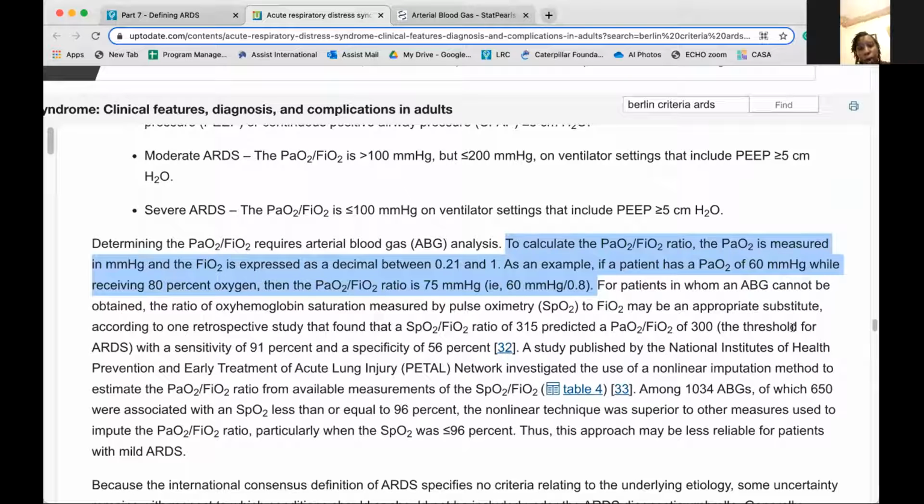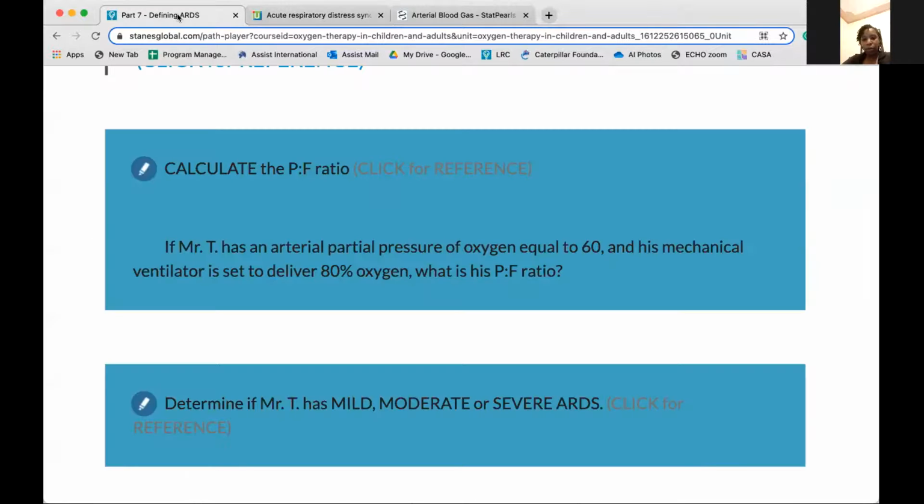How we have come to this answer of 75 is, we're saying the partial pressure of oxygen is 60. So it is 60 divided by the FiO2. We've said it's 80%, which becomes 0.8. So 60 divided by 0.8, you'll get 75. So that is the PF ratio of Mr. T.